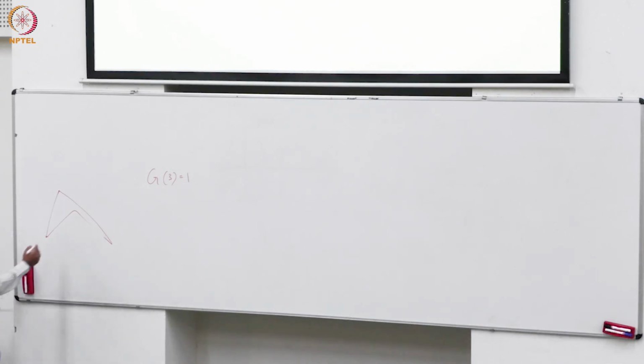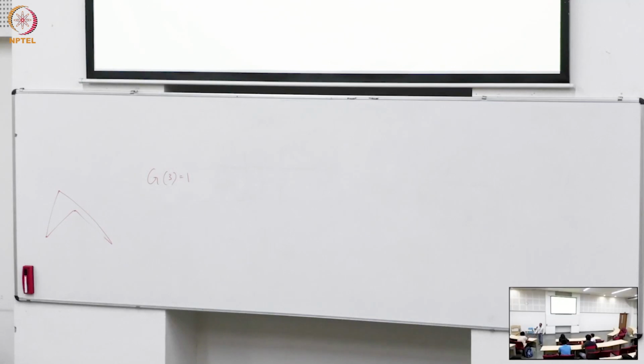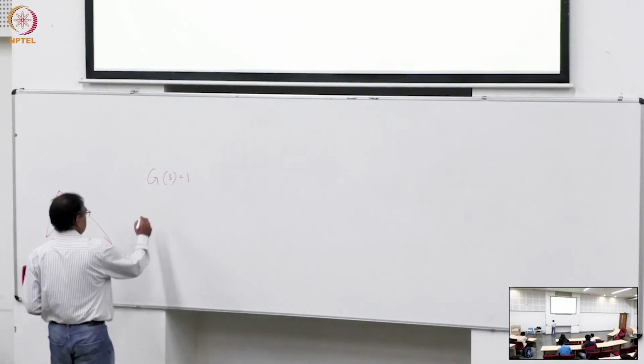What about if you place here? Yes, also. That is why I said the guard can rotate so fast 360 degrees that you can cover it. We do not consider the time. So you can see that G of 4 is also 1.